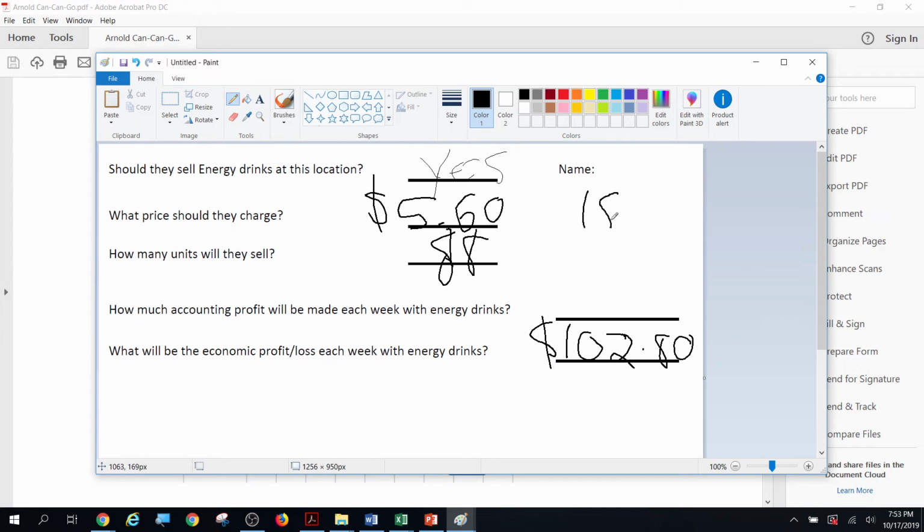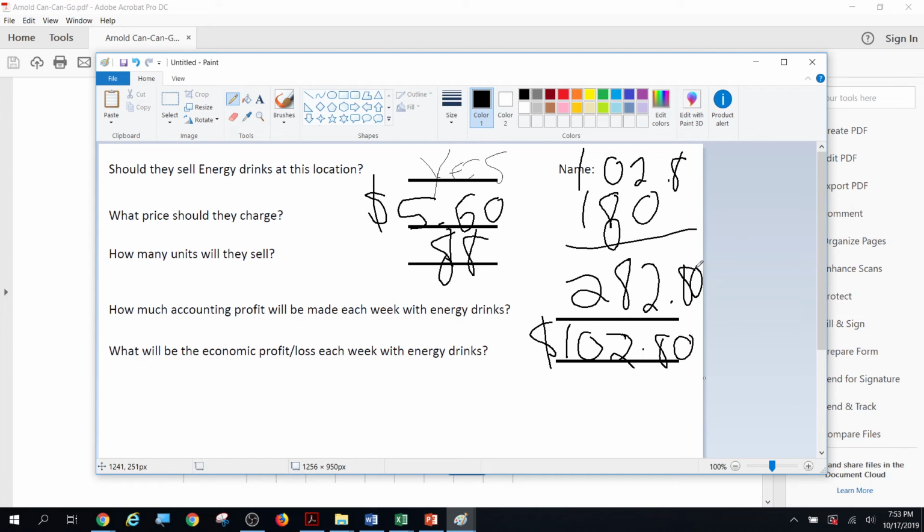So we do the 180 that we forgot in candy plus the 102.80 gives us a total of $282.80 in accounting profit. That's how we would do that. And so we would write that in there, and that's how we'd go. Hopefully your penmanship is better than my finger on the touchpad in doing this, but it still is educational.